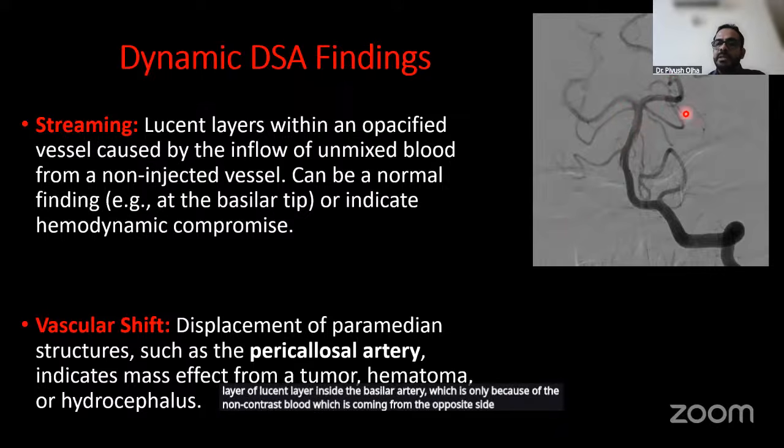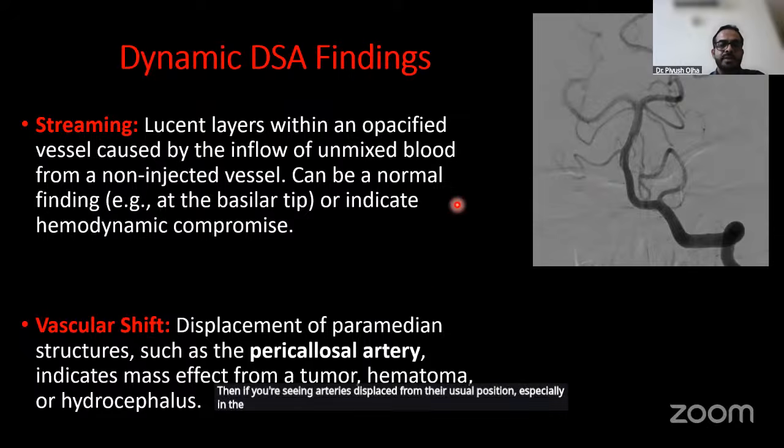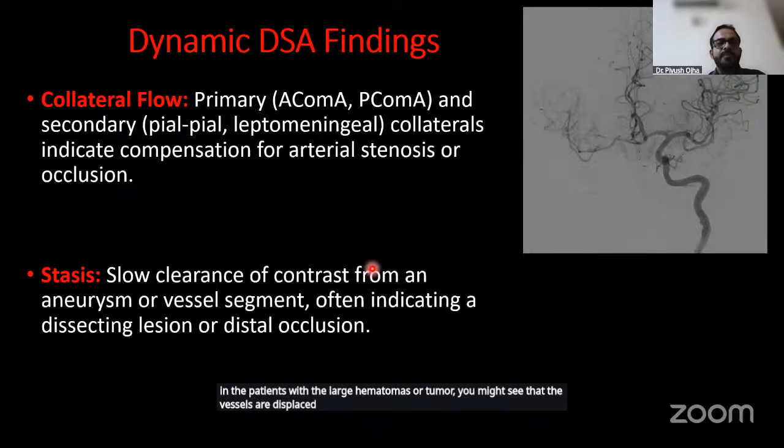But in other circulations, especially the anterior circulation, if you see a certain kind of lucency, it might indicate hemodynamic compromise or sometimes stenosis. Then, you might see arteries displaced from their usual position, especially in patients with large hematomas or tumors.